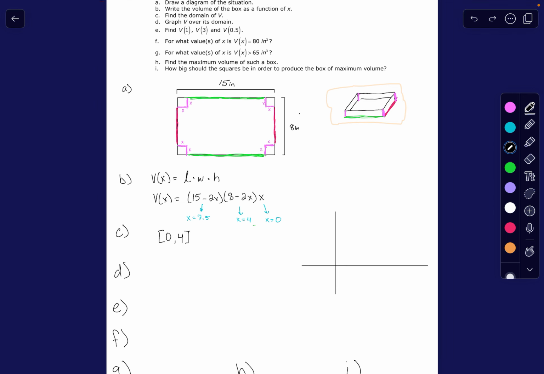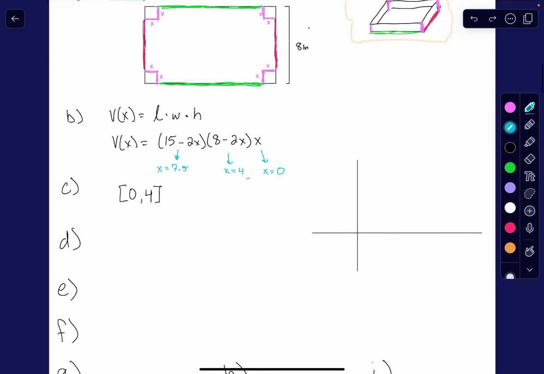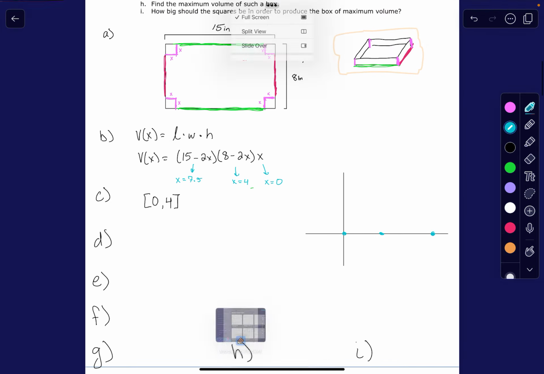Now we're asked to graph V over its domain. I'm going to put down my intercepts, 0, 4, 7.5. Think about the end behavior here. What do you think it would look like? We are going to visualize this in a graph because that is going to help us answer these later questions, but it's kind of fun to visualize it yourself.